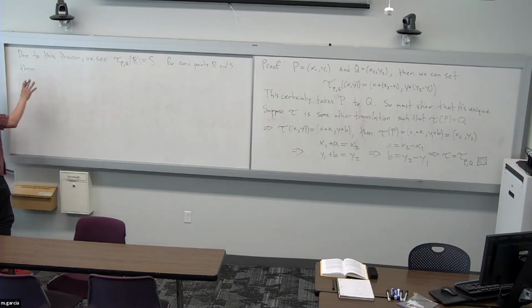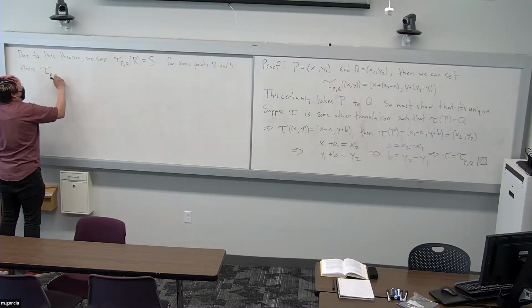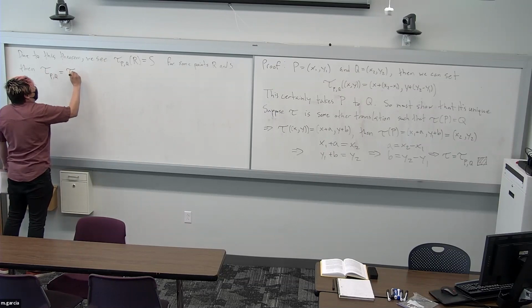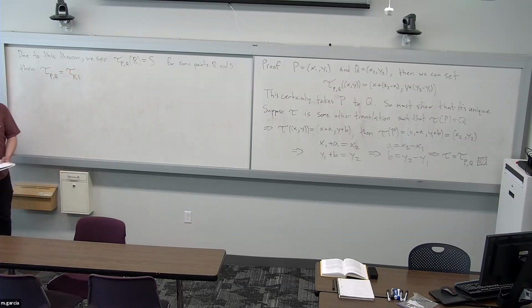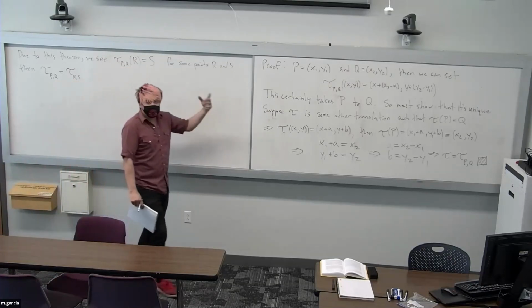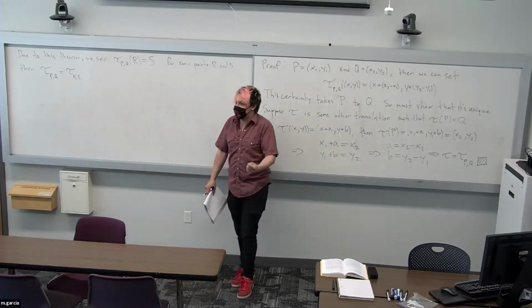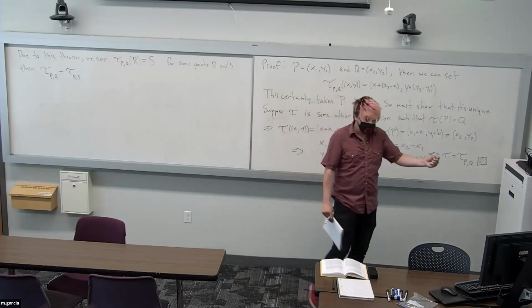But for now, what this means is that tau sub p comma q is equal to tau sub R comma S. Okay? Because tau sub p comma q is a translation that takes R to S. And what we just proved is that there is a unique translation that takes a given point to another point. Okay?